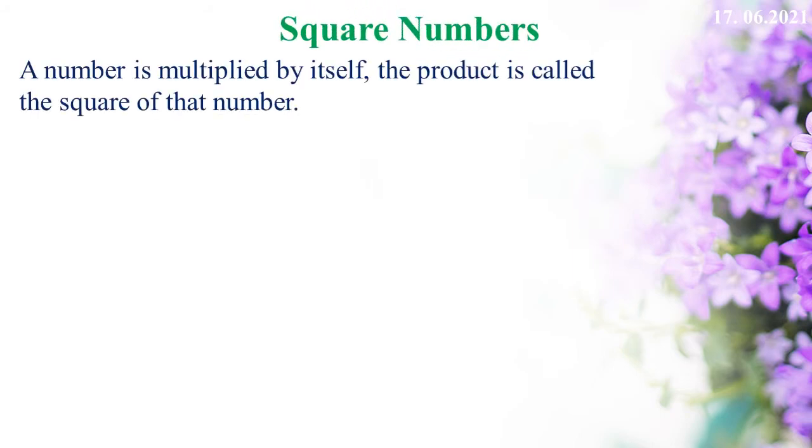Before we use the long division method, we need to learn some more square numbers. A number multiplied by itself gives the square of that number. 11 square equals 11 into 11.